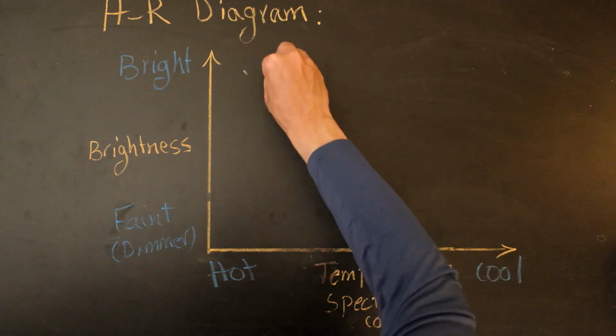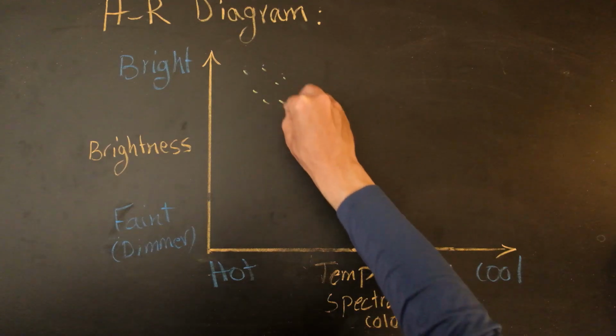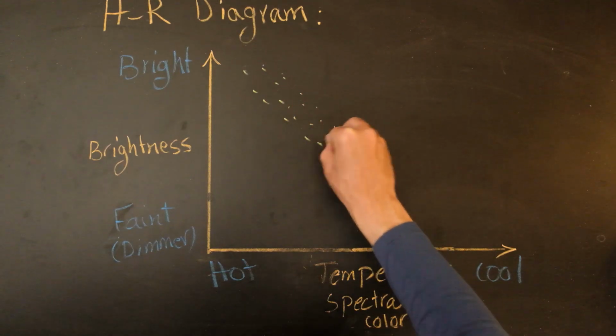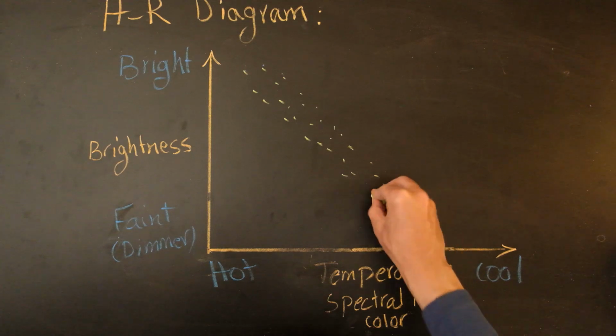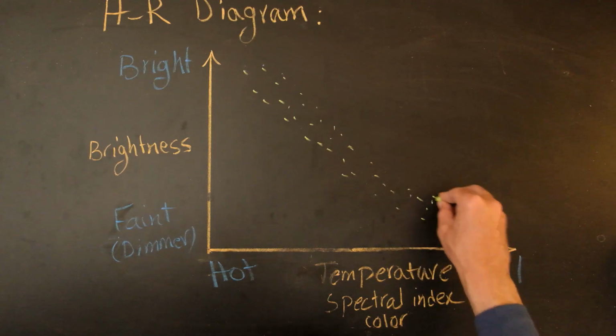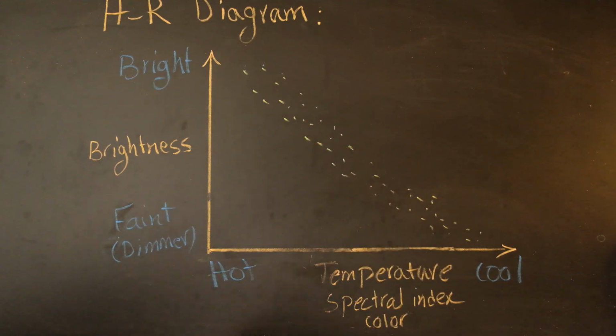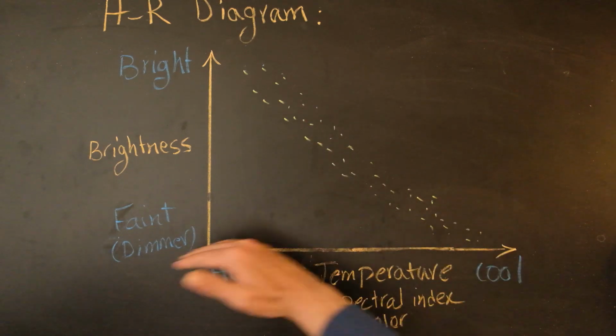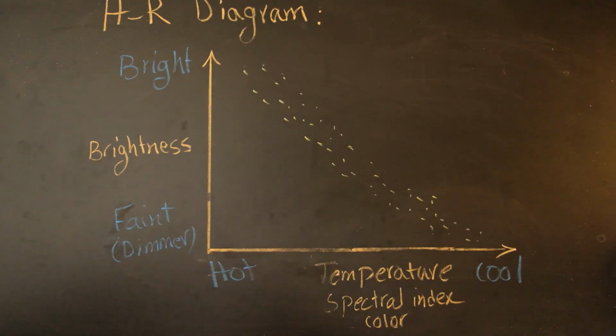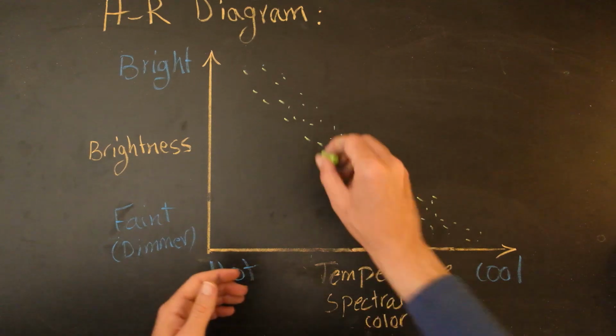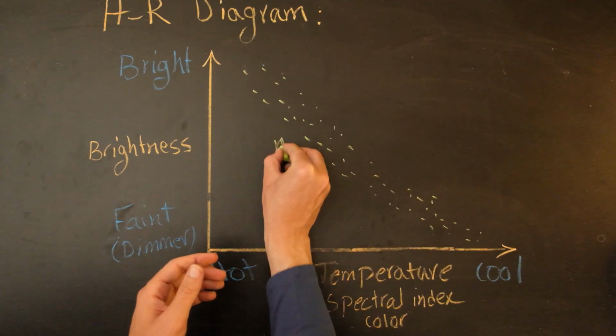So in general, we expect to see stars like this. Okay, so cooler, fainter, hotter, brighter. This is normal behavior.